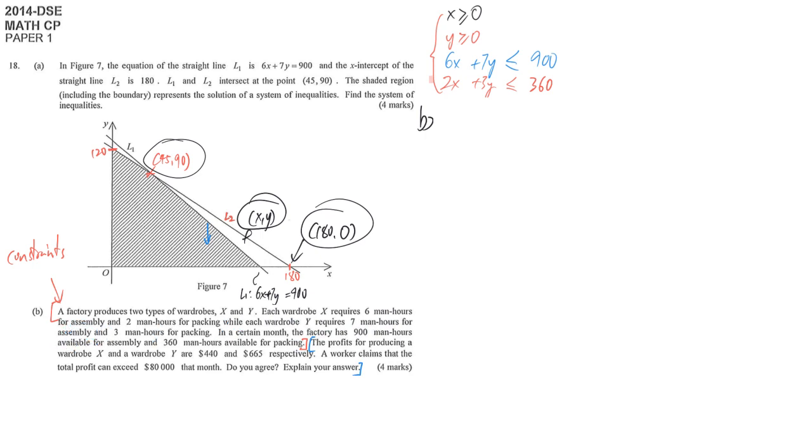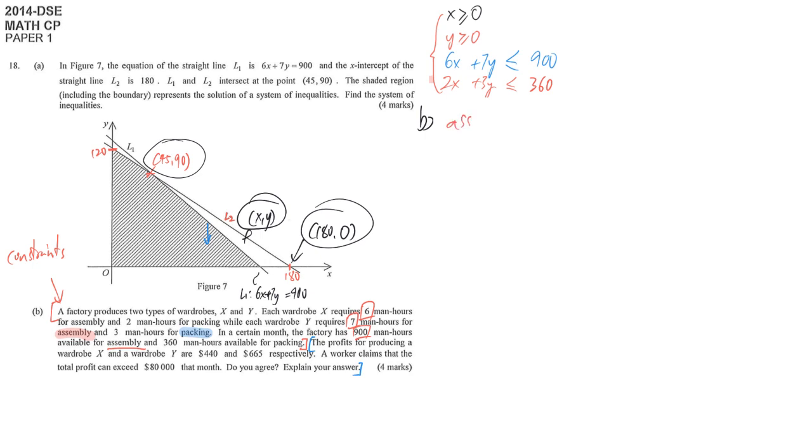The first limitation is about assembly, and the second limitation is about packing. So we are going to consider them one by one. Just talk about assembly first. For X, we require 6 man-hours for assembly. For Y, we require 7 man-hours for assembly. And in total, we have 900 available for assembly.